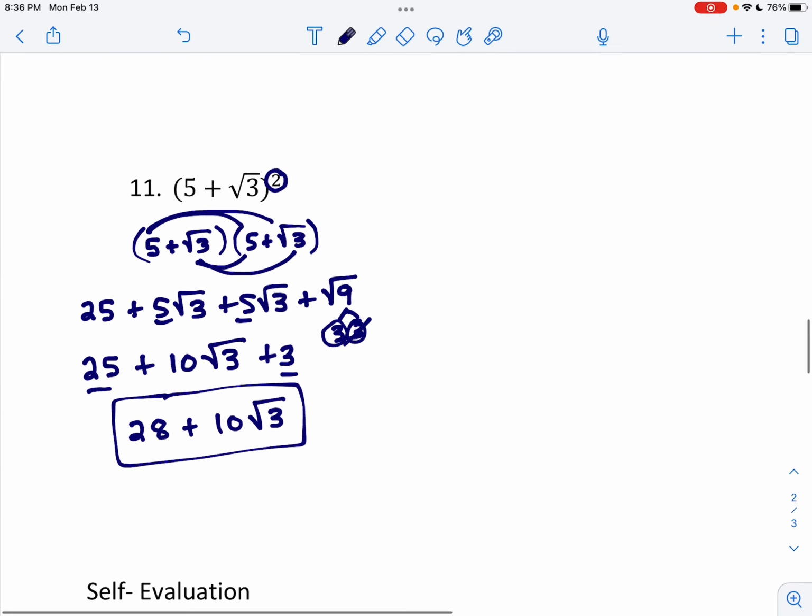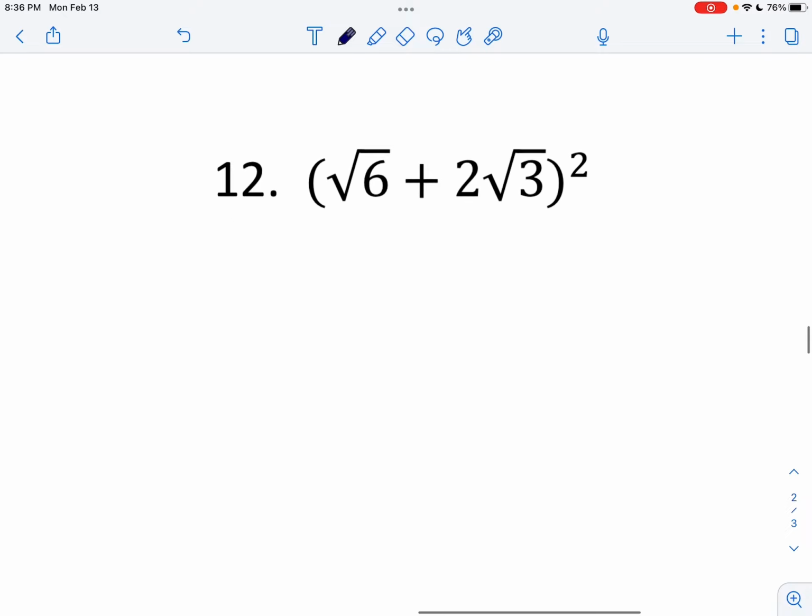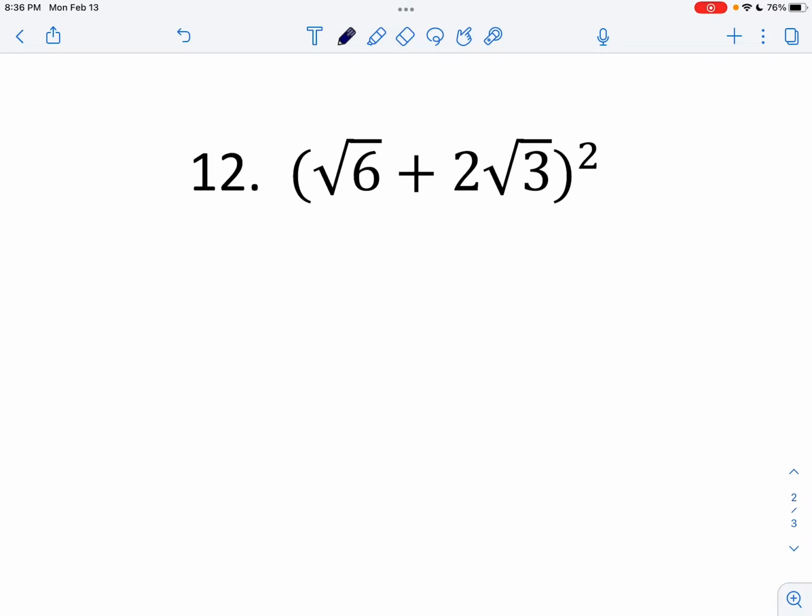All right, I want you to try number 12. Remember, you need to write that binomial twice and then FOIL it. So pause the video, take a minute to try it on your own. I'm going to write in the answer for you so that you can check and see if you're on the right track.